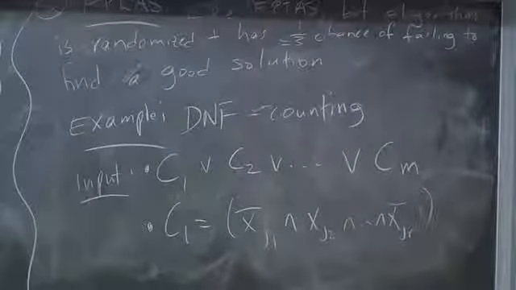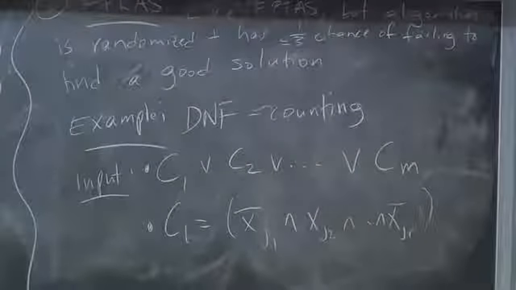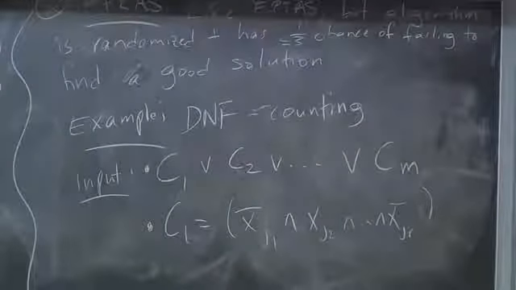Okay, so SAT at least is NP hard. How about the decision problem? The decision problem for SAT is if you're given a CNF formula, does there exist an assignment to the variables which causes the formula to evaluate to true? How about for DNFs? If I give you a DNF and I ask you, is there an assignment to the variables which makes this thing true?